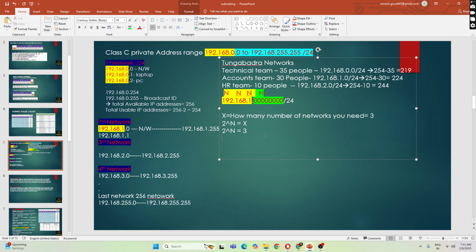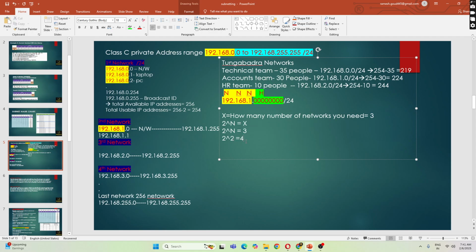Let's consider 2 to the power of 0. What is the value? It's 1. If it is 2 to the power of 1, the value is 2. It's not sufficient, right? If it is 2 to the power of 2, the value is 4. It is sufficient, because you need at least 3, more than 2.